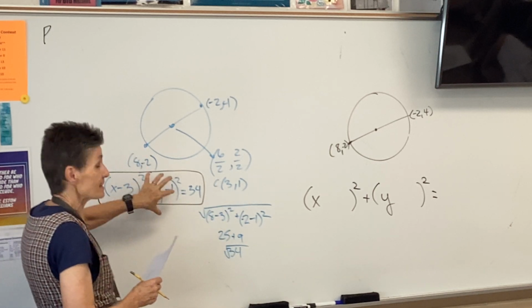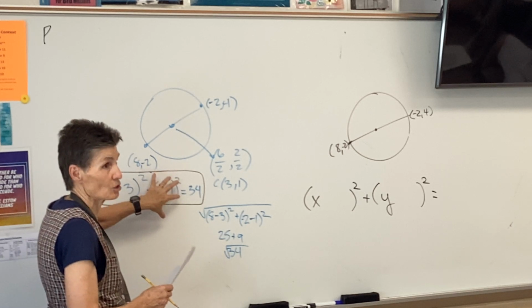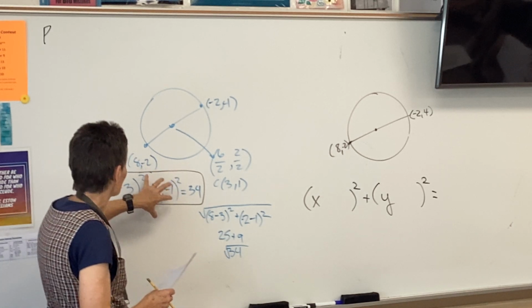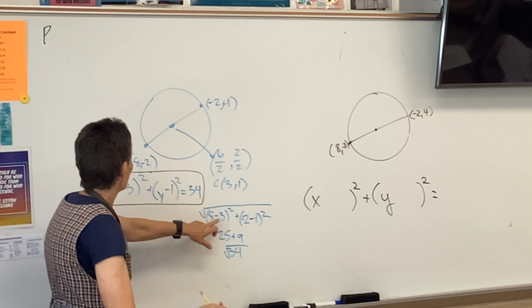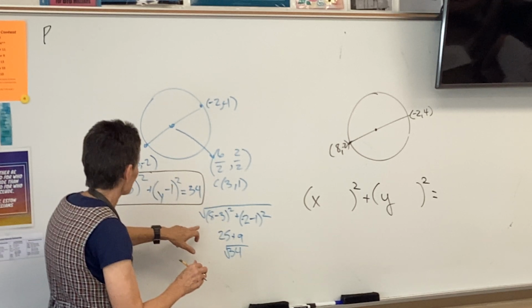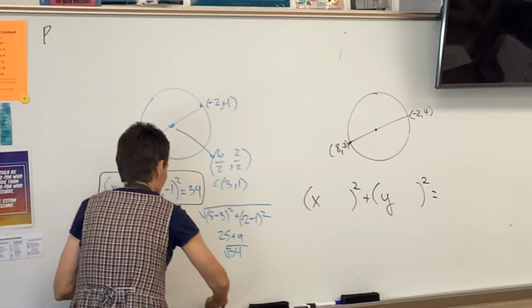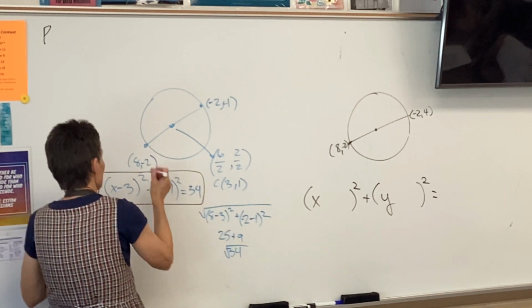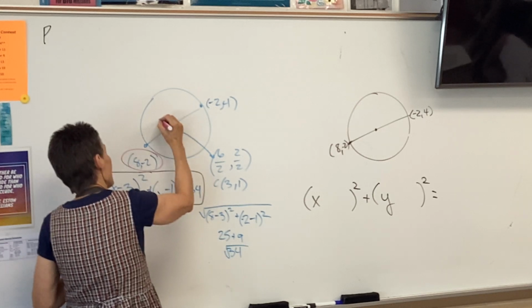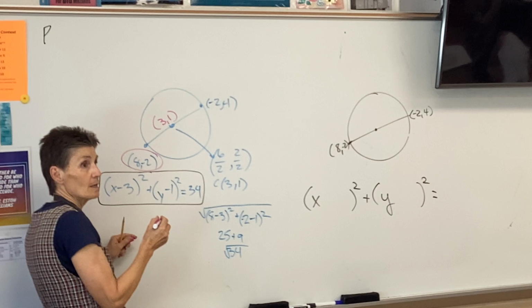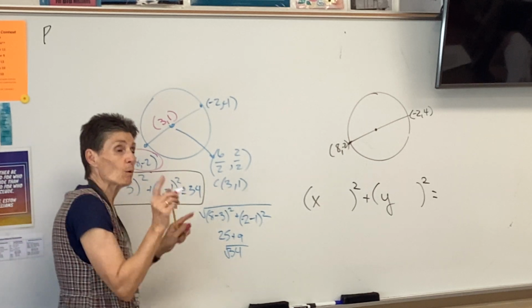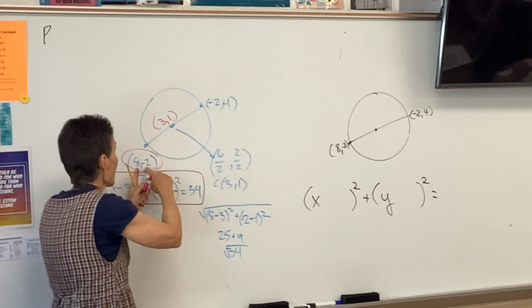Okay, now, this is the equation. This isn't the distance. But in the distance formula, why did you do 8 minus 3? For the radius, she used this point and this point. Did you use that point, this point?